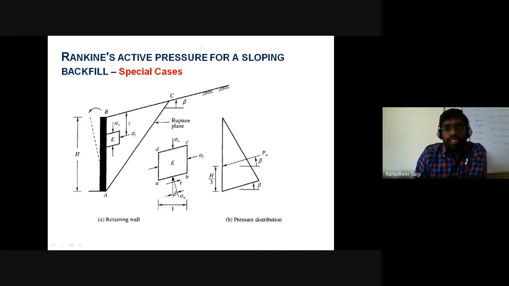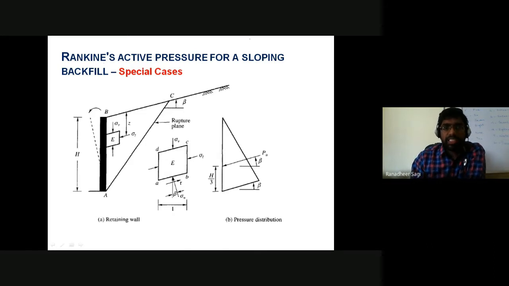The approach to calculate your active pressure or passive pressure for an inclined backfill or inclined retaining wall is more or less similar to what we have looked at in our earlier discussion, but with a slight difference.